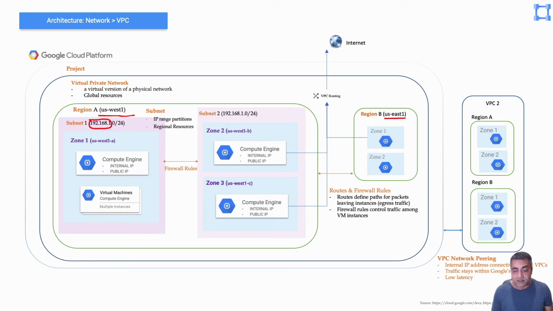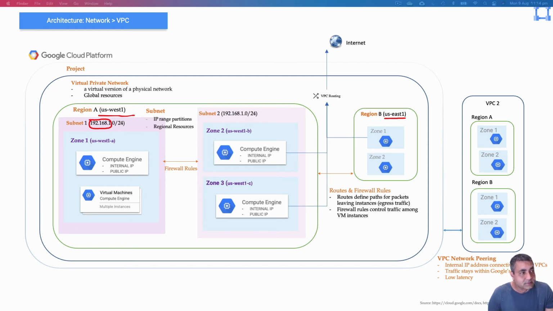This could be in a different project or altogether a different organization. Peered networks remain administratively separate. Routes, firewalls, VPN, and other traffic management tools are administered and applied separately in each one of the VPC networks.